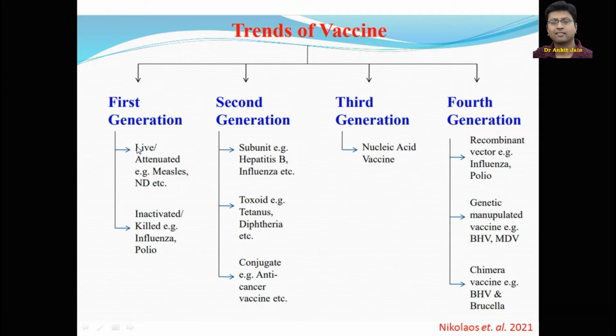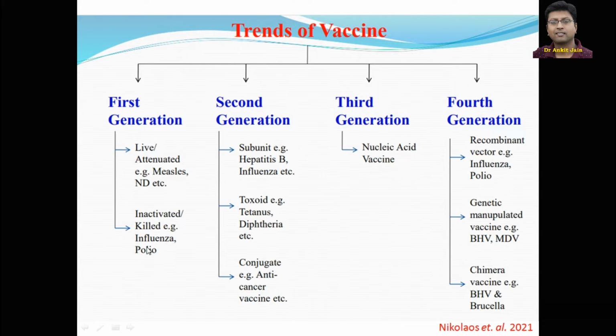But there are some drawbacks, or limitations, of these vaccines. Due to the denaturation of protein, they do not provide the actual type of immunity that is required.